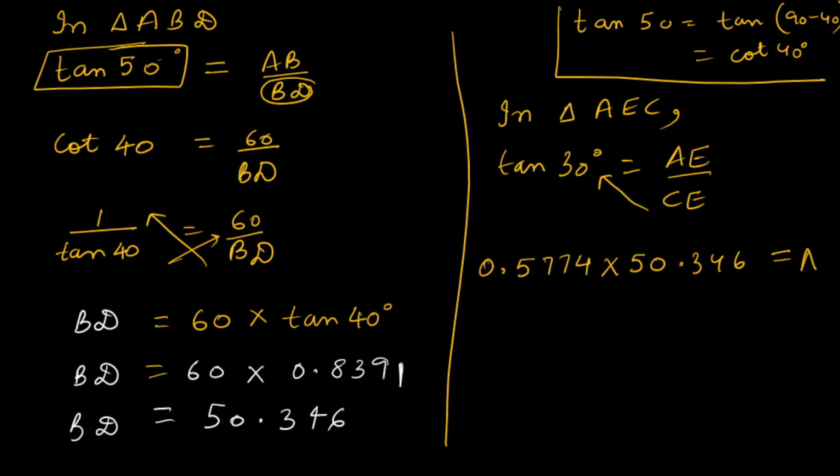This is equal to AE. Multiply these two and tell the answer. So 0.5774 into 50.346. I did it with a calculator, 29.069 we will get.